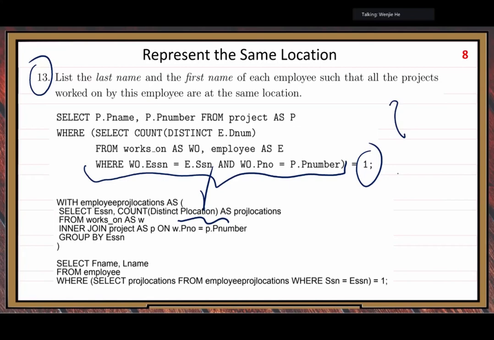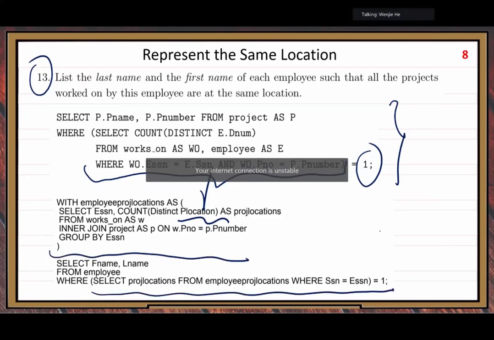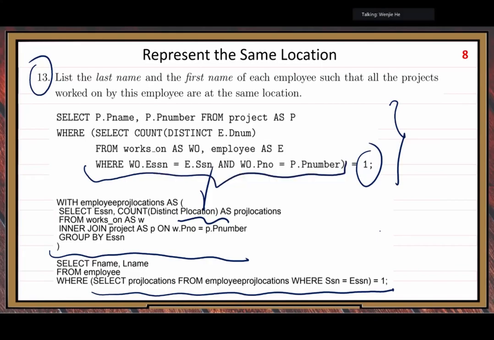So this way, define a temporary table, then use the temporary table as the inner query equals 1. That's the correct way, counting the location. Here, join project. I will modify this one, because we need to target the location directly, not indirectly.